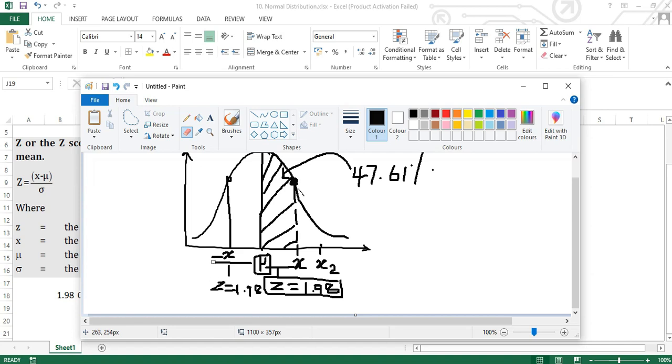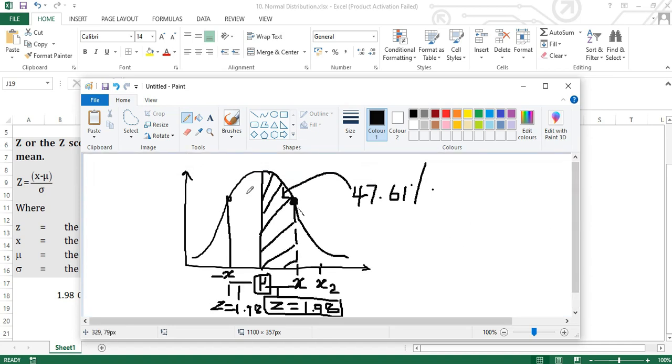I'm going to reduce it a bit up to here, the gap. Then if this side also is 1.98, that means this is also equal to 47.61 percent.